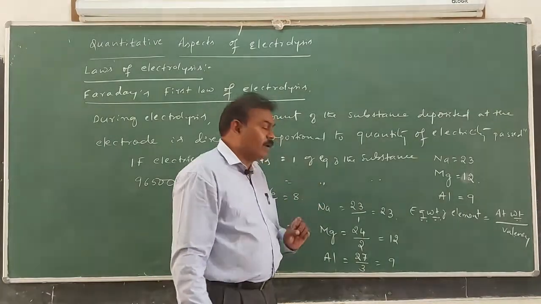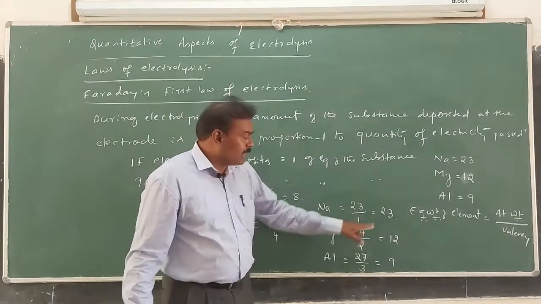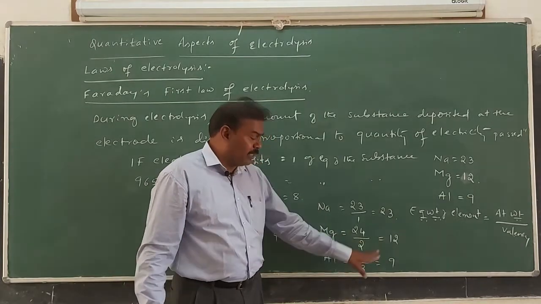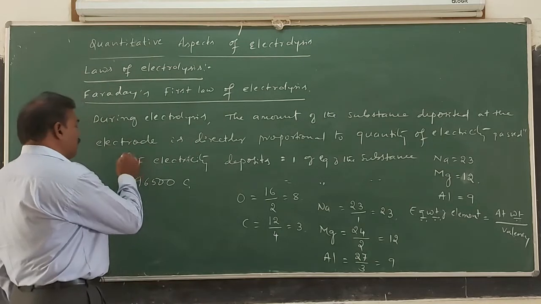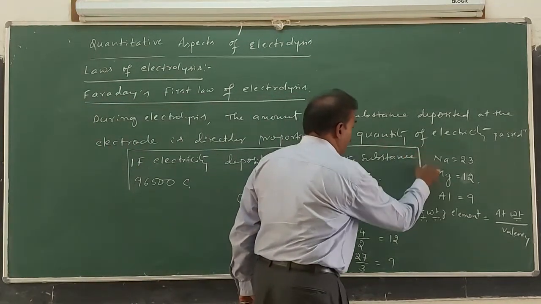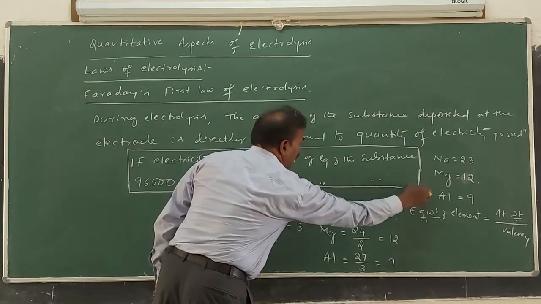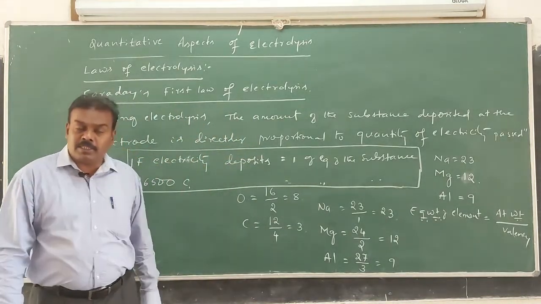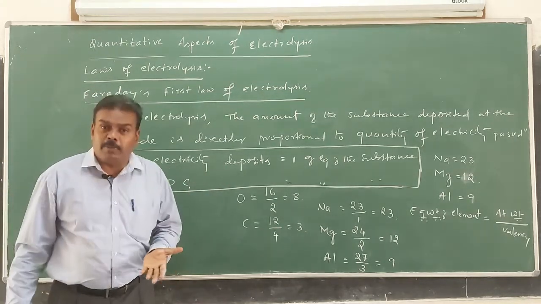By using this relation, we can find the equivalent weight of the element. What is the equivalent weight of sodium? 23. Magnesium? 12. Aluminum? 9. This is one of the important concepts. If 1 Faraday of electricity, or 96,500 coulombs, is passed through any aqueous or electrolytic solution, how much substance will be deposited at the electrode?